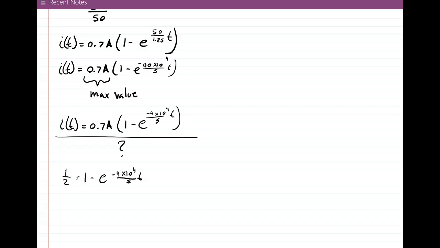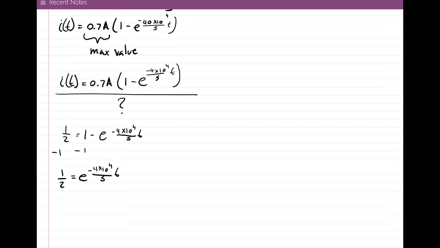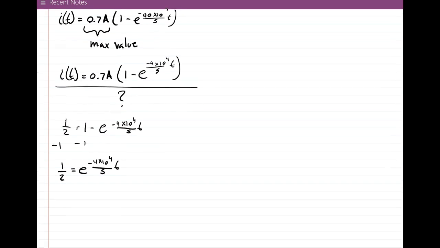I'm going to multiply by seconds, divide by 4 times 10 to the 4th. I'll have 0.693 seconds divided by 4 times 10 to the 4th is the time.